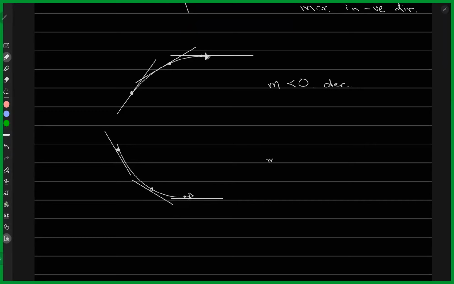So for this curve, you can see the tangent is becoming horizontal. But the line is also going in the downwards direction, shown by this arrow. So the gradient here is decreasing, but it is less than 0. So it is negative but decreasing.